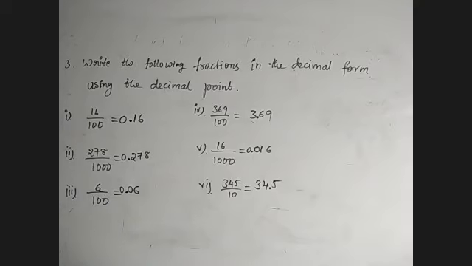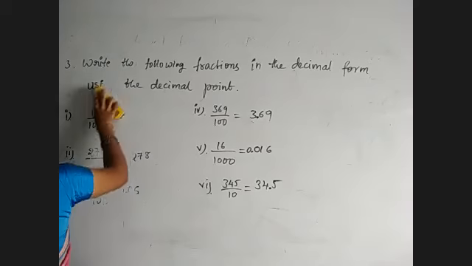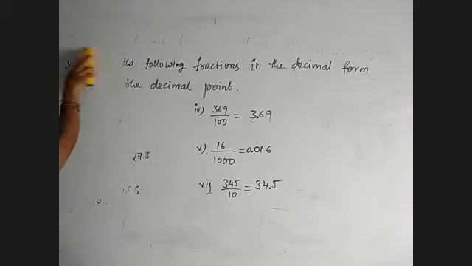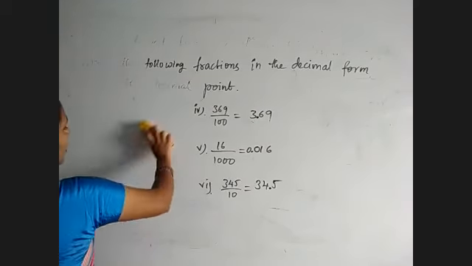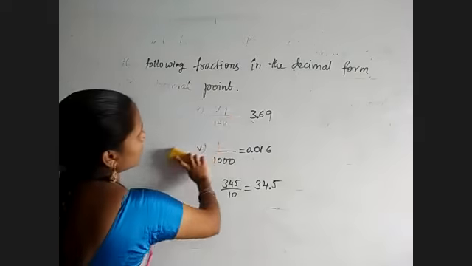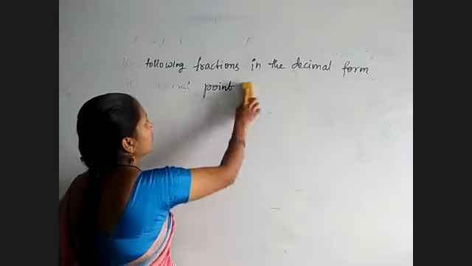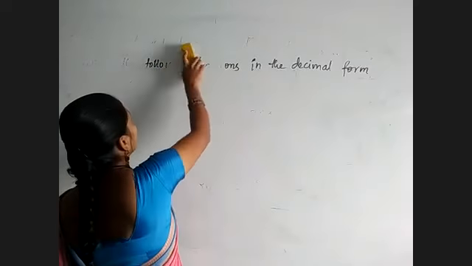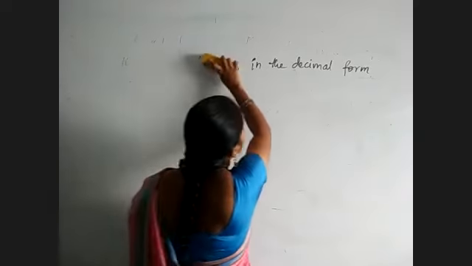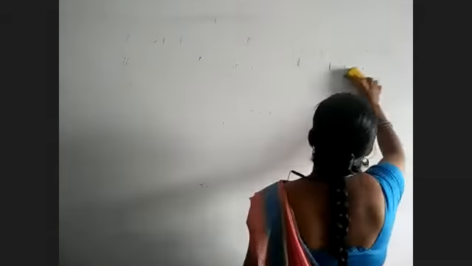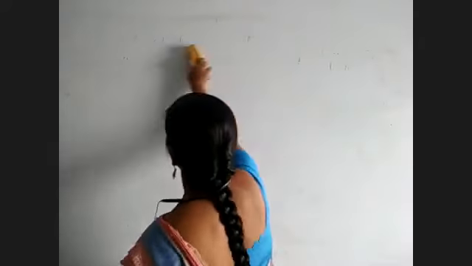Now coming to the fourth question. The third problem was the conversion of a decimal fraction to a decimal number. Now coming to the fourth question.